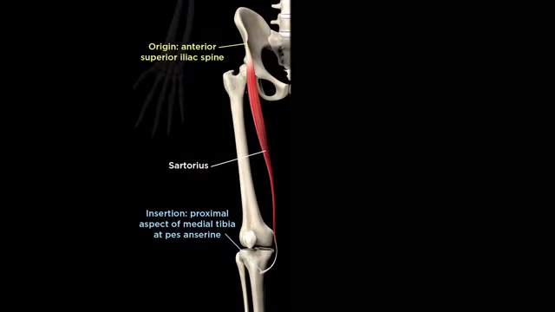foot in length. Sartorius originates from the anterior superior iliac spine and then takes an oblique course to attach to the medial aspect of the proximal tibia. So it crosses both the hip joint and the knee joint. Its attachment to the medial tibia is in a spot known as the pes anserine, from the Latin for the goose's foot.